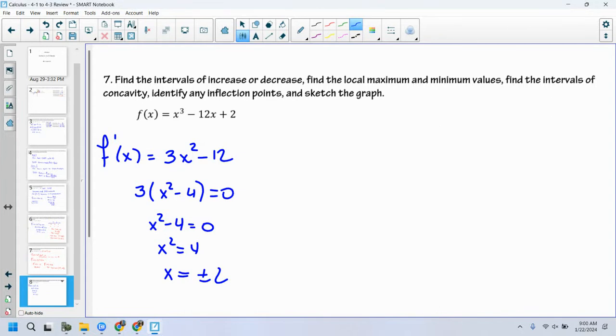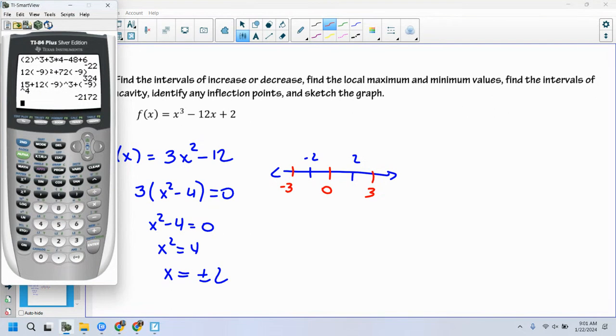Okay, we do our number line test. Negative 2, positive 2. Let's say we're going to do negative 3, 0, and 3. Again, this is the first derivative test that I'm doing here. All right, plug that back into the derivative. 3 times negative 3 squared minus 12.